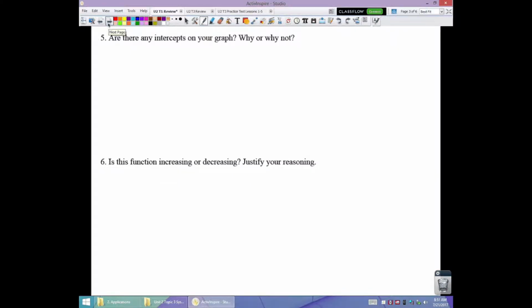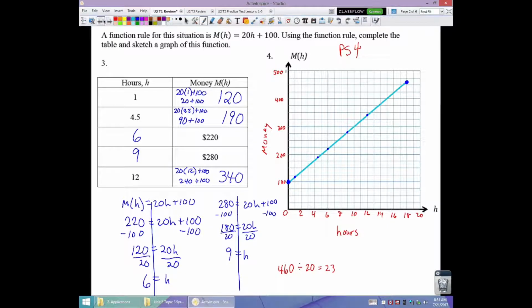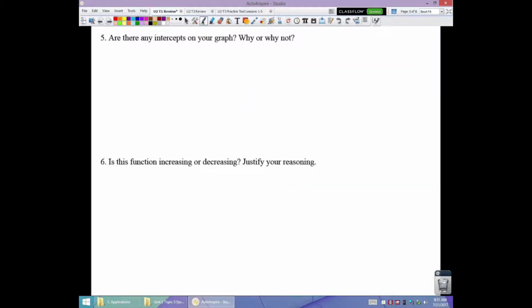So are there any intercepts on your graph? Why or why not? Well, we do have one. We have a Y-intercept, or in this case, I guess it would be called an M of H intercept. And it stands for when we didn't tutor at all. So let's get this on here. Are there any intercepts? We have one Y-intercept at, it's the point 0, 100.